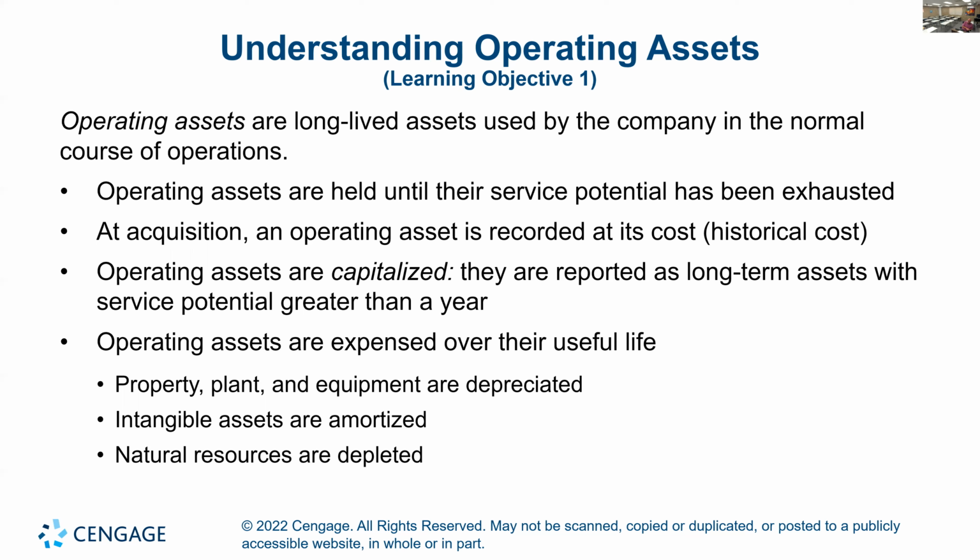If they have some kind of lifespan, they go through a process called amortization. We'll touch on that a little bit. And then natural resources. So if we buy land to take oil out or we buy land for the timber, stuff like that, as we take those natural resources away from the land, the land goes through a process of depletion.